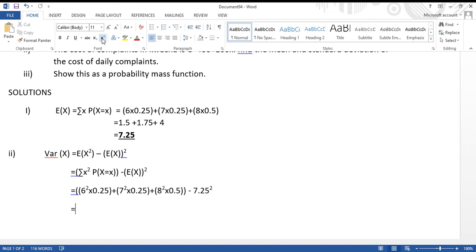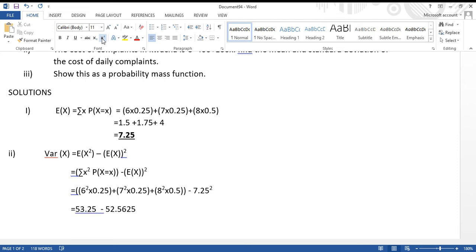So 64 times 0.5. And we get 53.25 minus 7.25 squared. What is 7.25 squared? That is 52.5625.